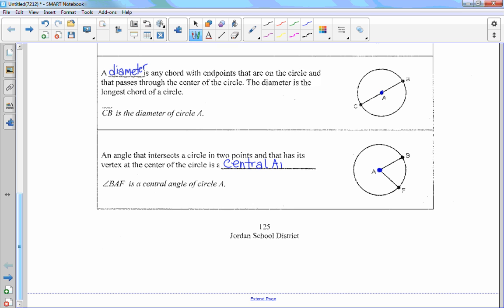A central angle extends to the circle, but the key point is the vertex is on the center of the circle. Don't flip it over, because we're going to add something at the bottom.